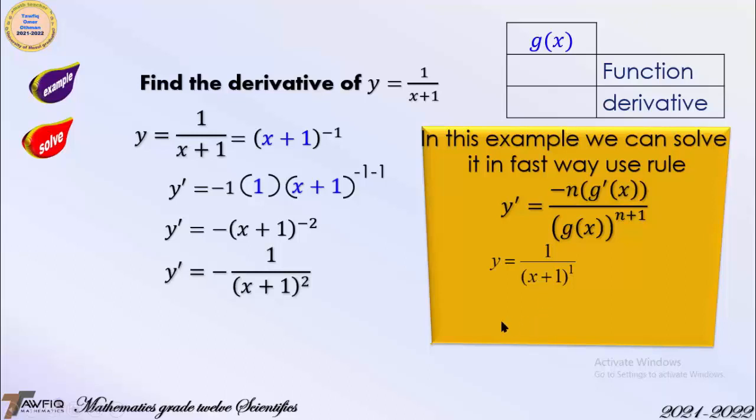Then y prime is equal to minus 1, which is n, times the derivative of inside the bracket, which is x plus 1. The derivative of x plus 1 is 1, times 1 is minus 1. Then write the denominator x plus 1, then add to the power 1. Then 1 plus 1, it becomes minus 1 over x plus 1 to the power 2.